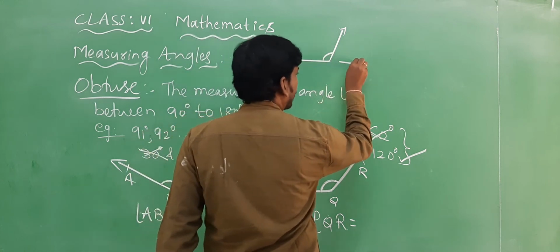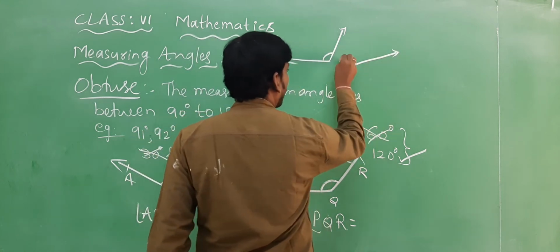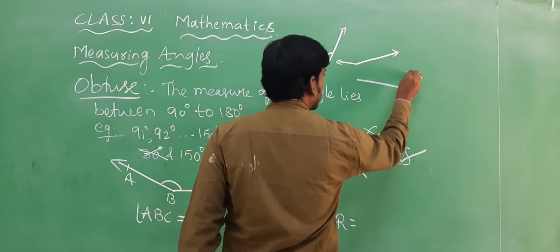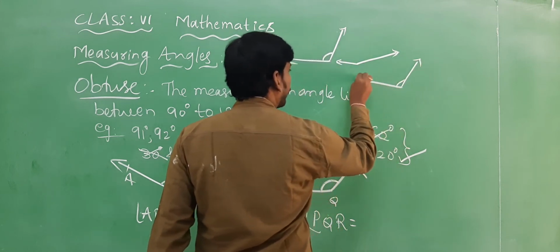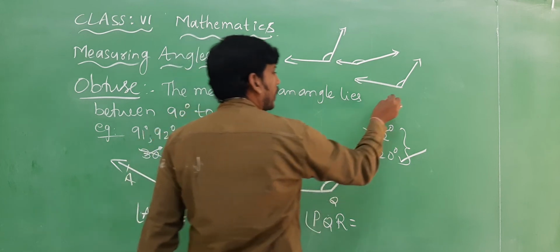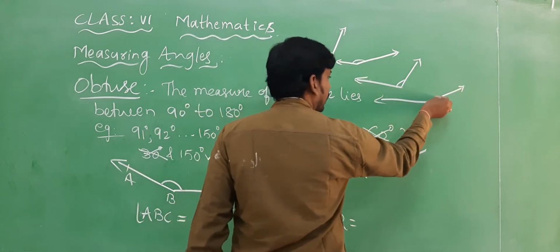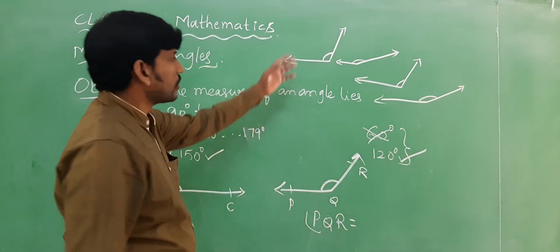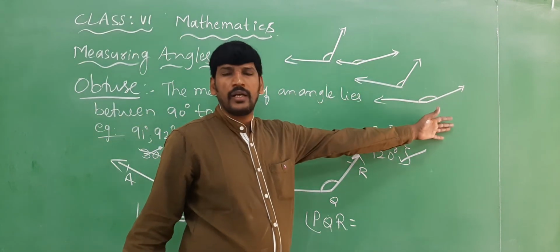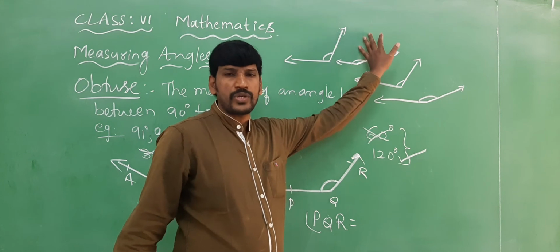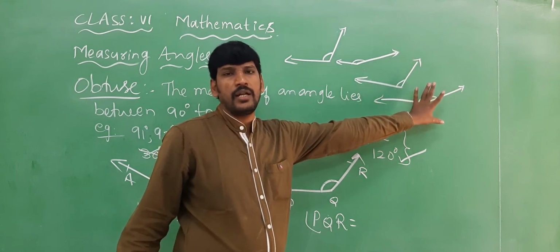Even this part, very less. Clear? All these figures are showing obtuse angles, more than 90, less than 180.